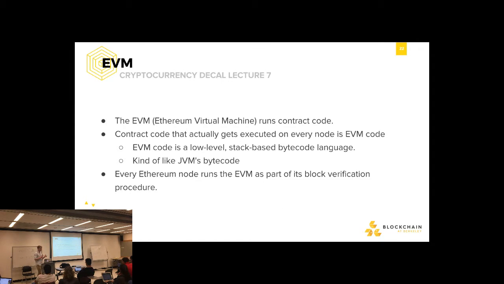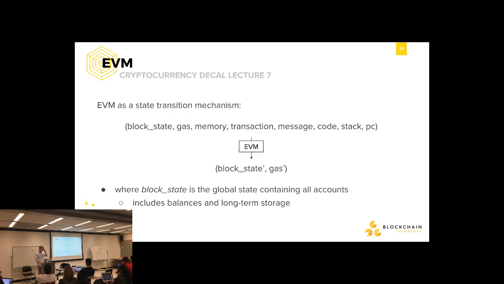One thing to keep in mind is that every single Ethereum node runs the EVM on all of the transactions in a block every time they run the block verification procedure. This is how they update their internal state to match the new network state. We can think of the EVM as the underlying state transition mechanism for each of the nodes.